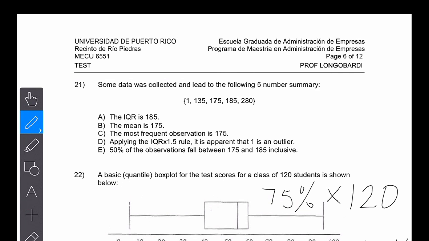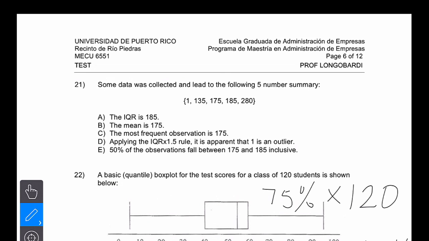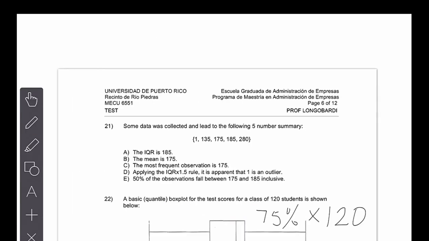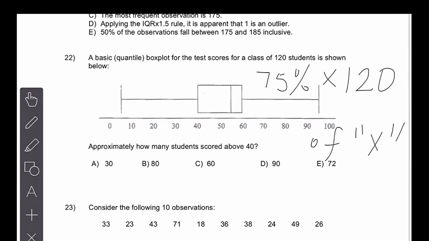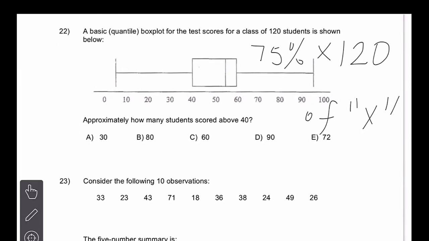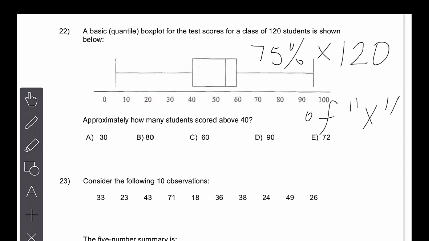So 75% of, not sure why it's flashing on and off, but bear with me. Okay, so what's 75% of 120? Yes, you're going to see lots of similar questions.